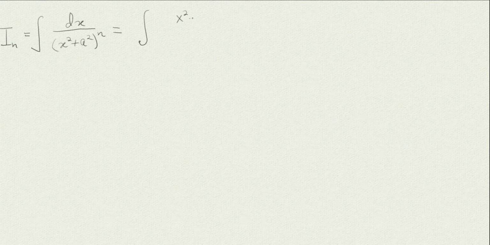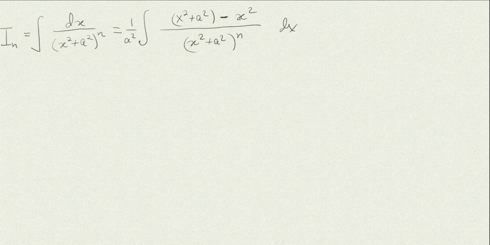So I'll write x squared plus a squared over here, and I will subtract x squared from here, and here I will write x squared plus a squared to the power of n, and here I will divide by a squared, and the integral dx. If you look carefully, I've changed nothing, because when I subtract x squared from here and here and divide by a squared, I'm back with the same integral.